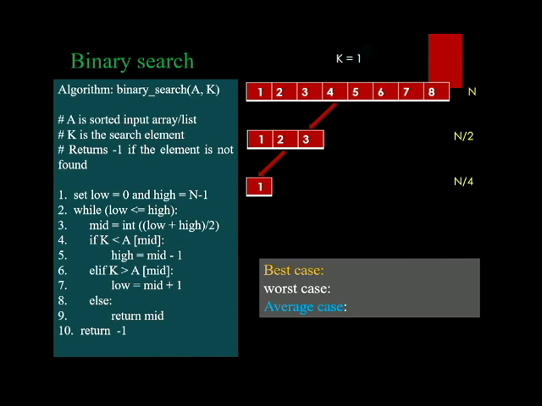Neither condition gets satisfied: my k is not less than the mid element, so it comes inside this loop, inside this if, and checks the else if condition. If my k is greater than a mid, again not true, so it comes straight to the default case. The default case we have designed is when the code finds the middle element to be the search key. So it will simply return. This will be the best case, right?